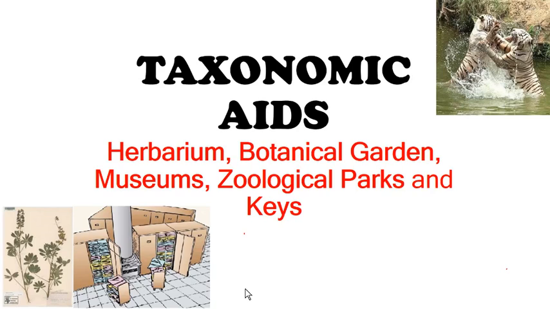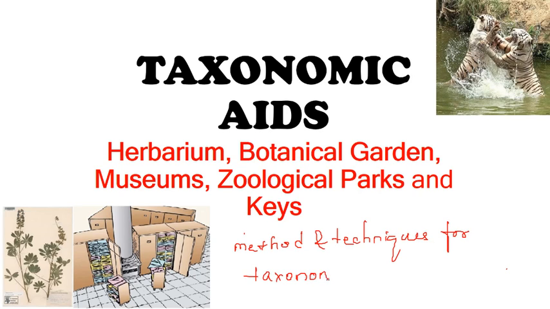Scientists working for many years have developed methods and techniques. So biologists have developed several methods and techniques for taxonomic studies, and these methods and techniques are named taxonomic aids.